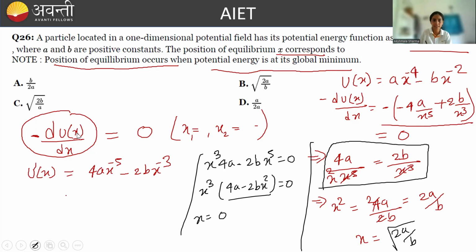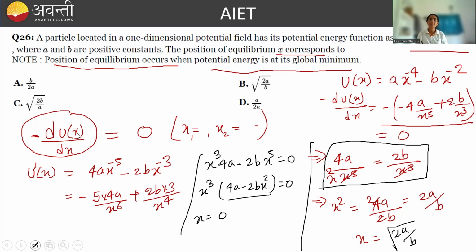If we differentiate it again, we will get how much? -5 into 4a x to the power -6, and minus plus it will become, so 2b into 3 by x to the power 4.